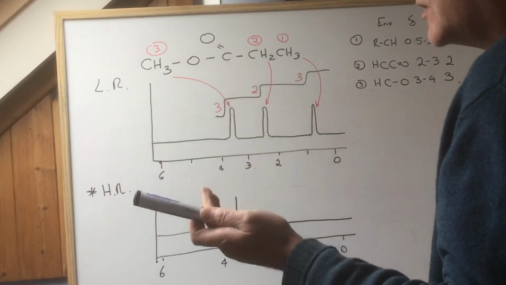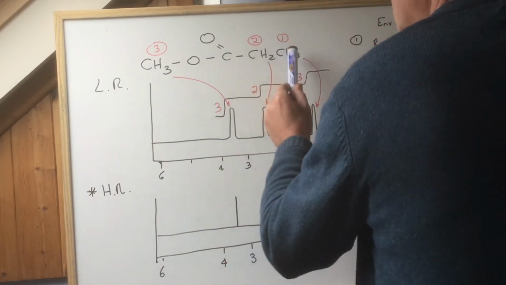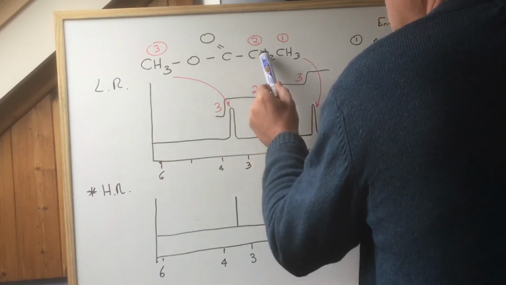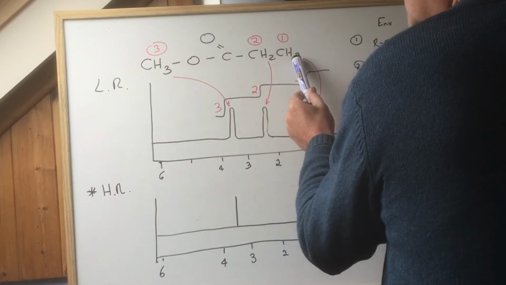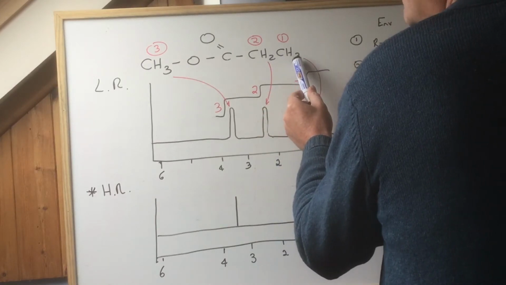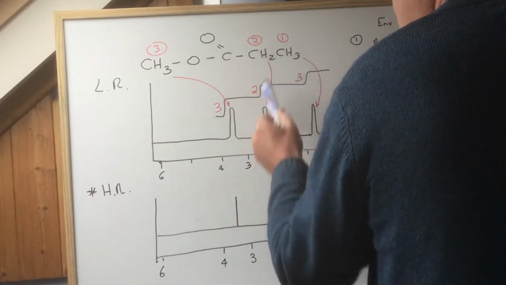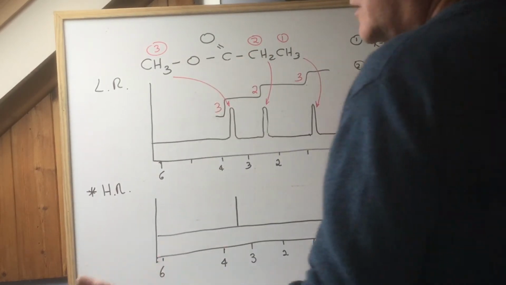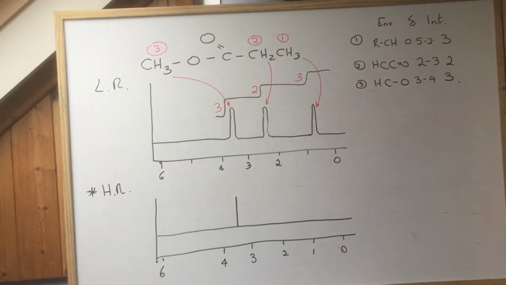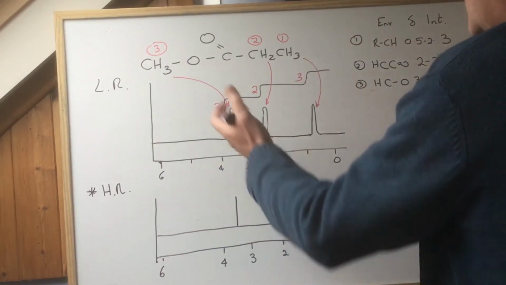That is the thought process that's got to go on in your head. So the n+1 rule says that this peak here, produced by those 2 protons, is going to be split. N is 3, number on adjacent, n+1, 4. So this peak is going to be split into 4, and it's all based on Pascal's triangle for those of you mathematicians. It's split into 4 and it looks like this, and you can't tell anything about the size of them.